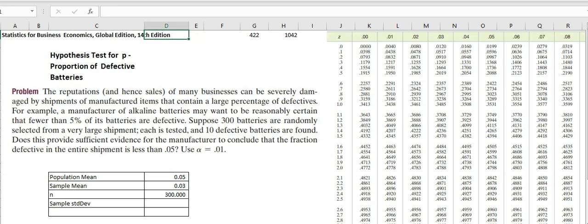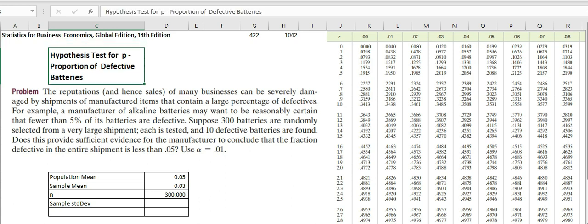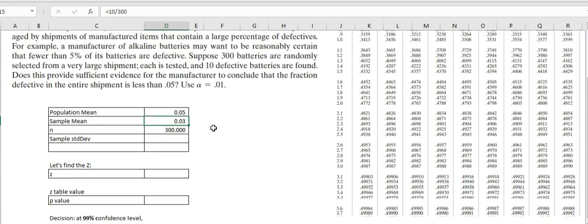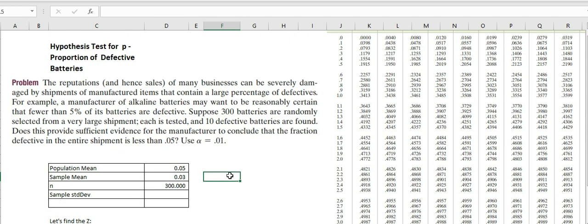All right, so we'll go straight ahead to computing the z-value for the proportions. As for the problem here, you may opt to pause the video and read the problem. The null hypothesis here, sorry, I forgot to put that.